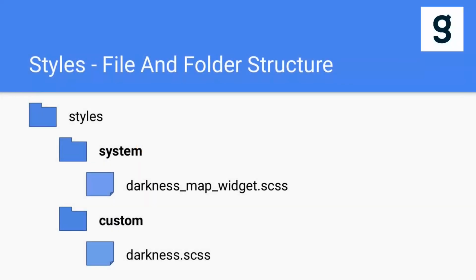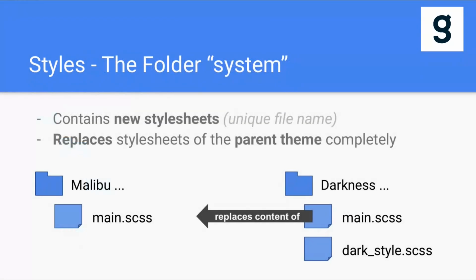The styles folder, the place of the style sheets. And again, we have the same pattern, system and custom. If we take a look into the system folder, you may recognize a pattern. Exact is the same mechanism as in HTML. If we create a new file with a unique file name, it counts as a new style sheet. It won't be loaded anywhere.